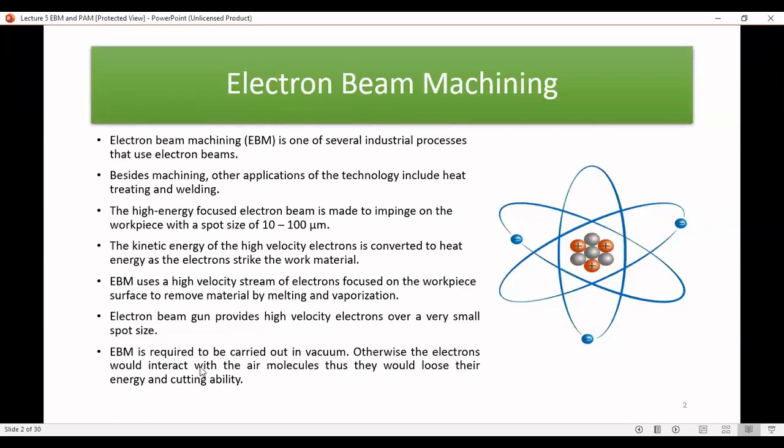You want a directional movement of the electrons to hit and impinge on the workpiece, so you don't want the electrons to collide with many other atoms. To prevent collisions between electrons and other atoms, there will be some collisions, but not that many, you have to establish vacuum conditions in the working chamber.